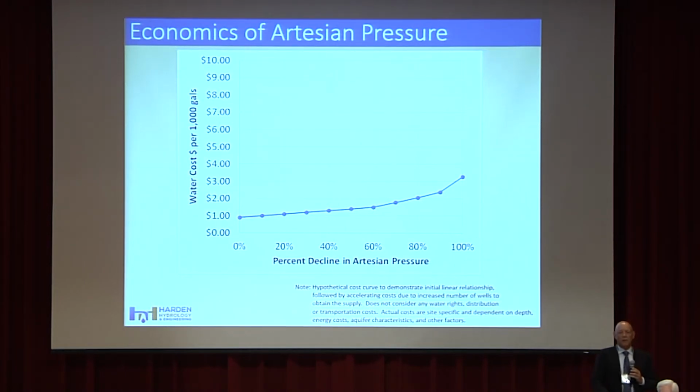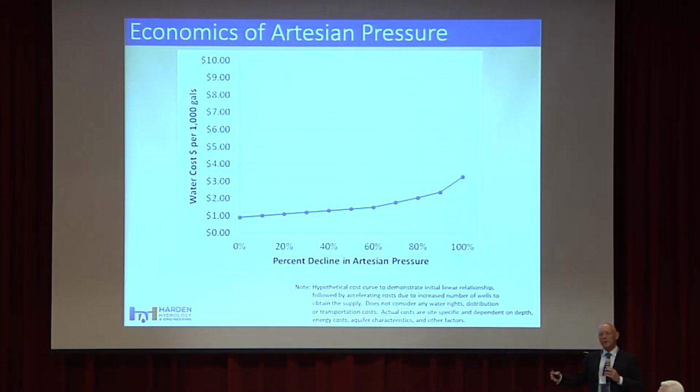But a couple of key points that it does make are the cost of artesian pressure reduction is extremely modest. It's about 10 cents per 1,000 gallons per 100 feet of decline of pressure in a well. And that economic relationship holds until you get into large percentages of artesian pressure decline.